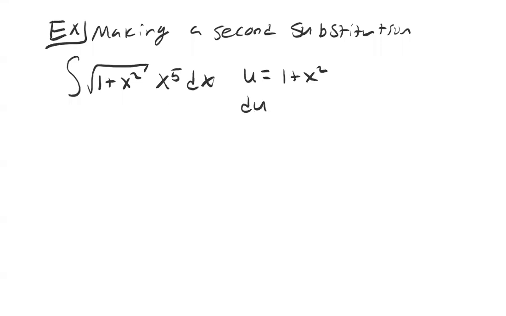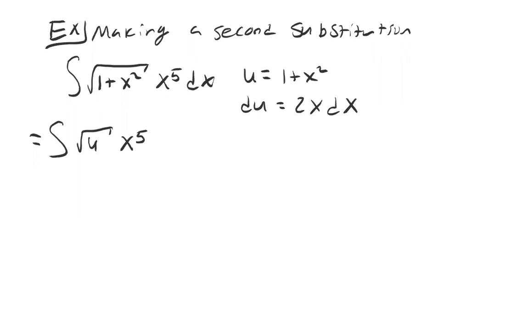So then du is equal to 2x dx. So let's see what happens now. So if I plug this all in, I'm going to get the integral square root of u, x to the 5th dx.